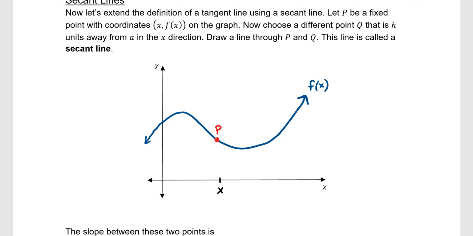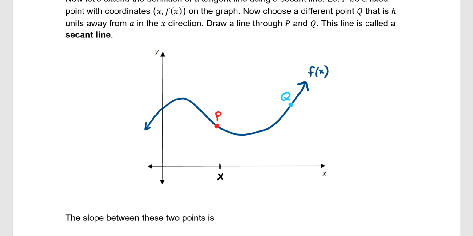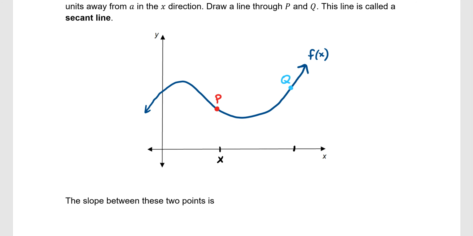Okay, now let's choose a different point Q. Let's say that Q is over here. That's point Q. And we're going to say that it is horizontally h units to the right of x. So if this point right here is h units to the right of x, that means this point is x plus h. So that's because whatever this distance is, it's h.